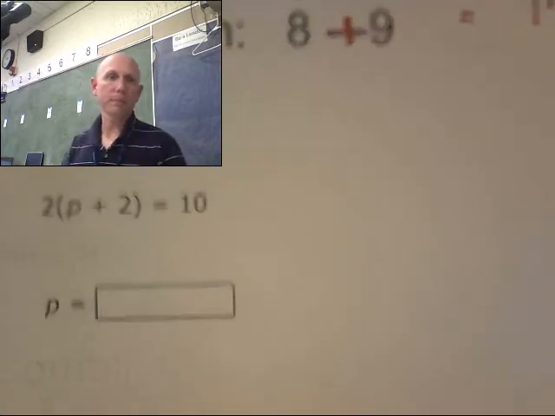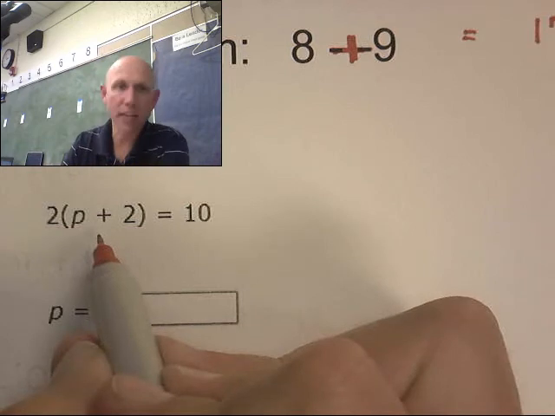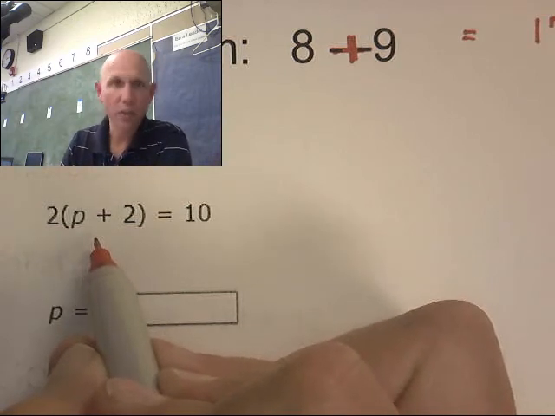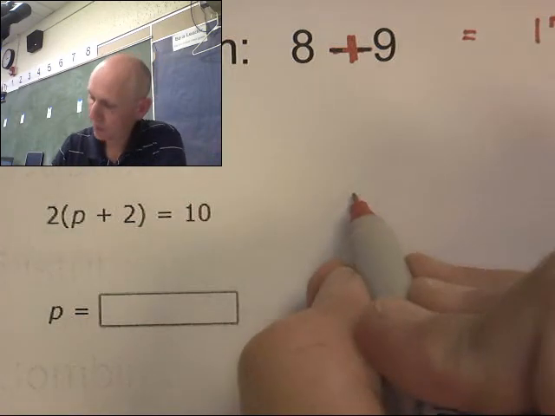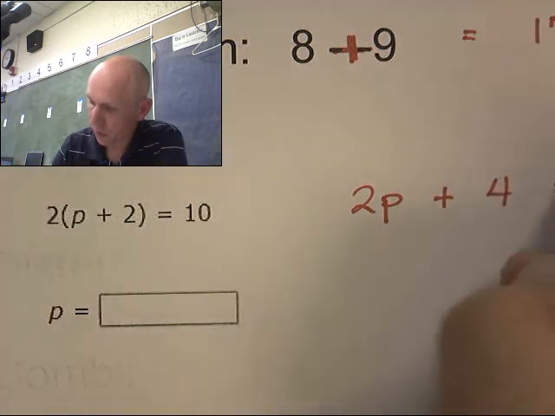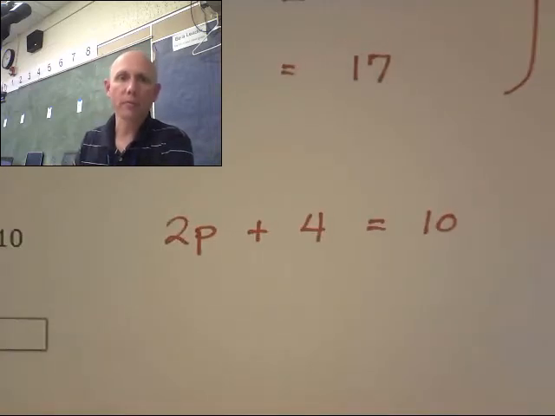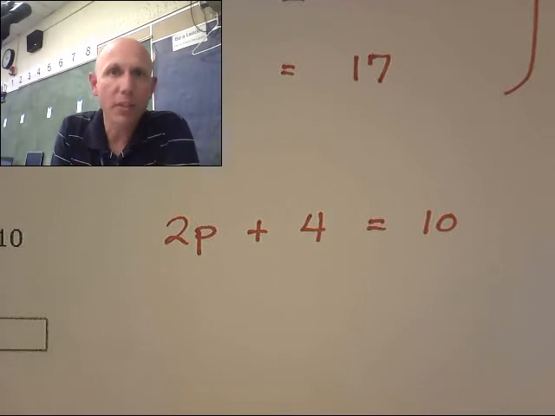Here we go. What do you see? What is this just yelling at you to do? Distribution? Let's distribute. 2p plus 4 equals 10. Whoa, I'm off the screen. 2p plus 4 equals 10, and now I am ready to solve this thing.